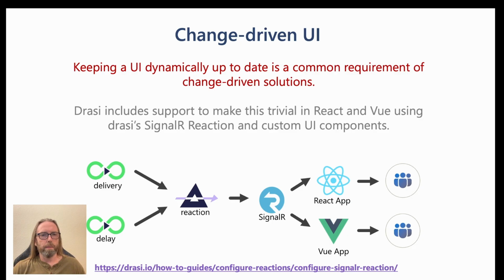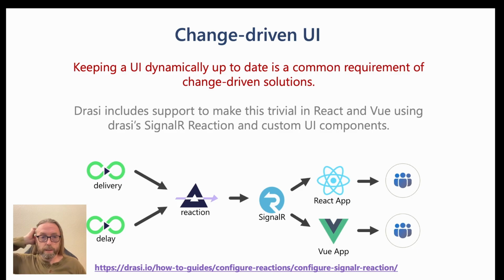So in that diagram, you'll see we've got our delivery and our delay query, which we've created already, and we've got our reaction, which we've also created. It's pushing the updates from the queries out to SignalR. Well, we've got two components that we've written, one for React, one for Vue. And what they do is you put them in your UI, your app, and they will dynamically keep the contents of that component up to date with the current result set of a continuous query.